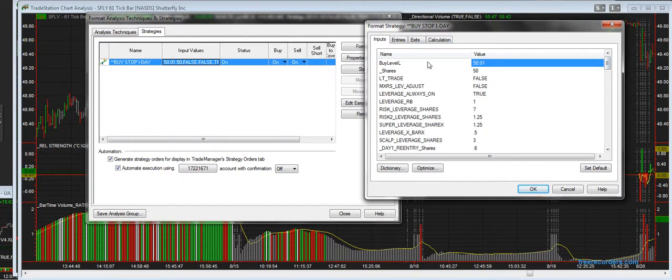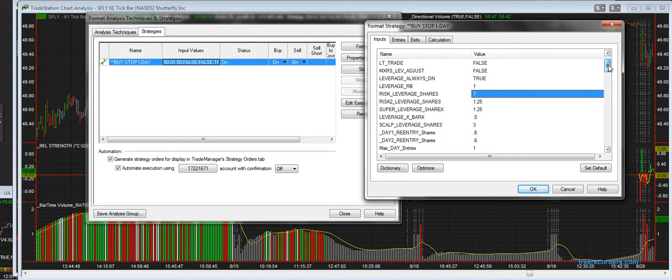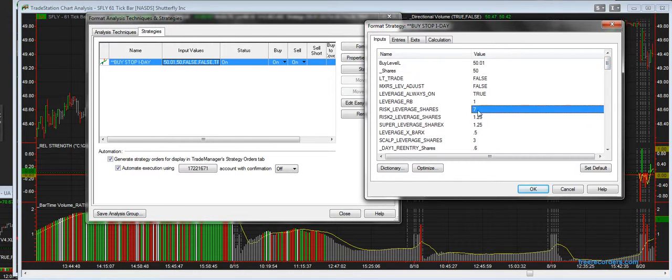The key here is setting the buy level and number of shares. I also have a leveraging feature. It would leverage the initial shares, but on that portion, have a much tighter risk control. I also have a scalping feature right here. It's almost the same thing as a leverage, except it will take a profit quicker.